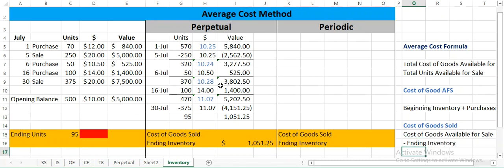And so that's how we calculate our cost of goods sold. So let's see what we know. The cost of goods available for sale minus ending inventory. Our ending inventory we know is $1,051.25. So how do we determine our cost of goods available for sale?